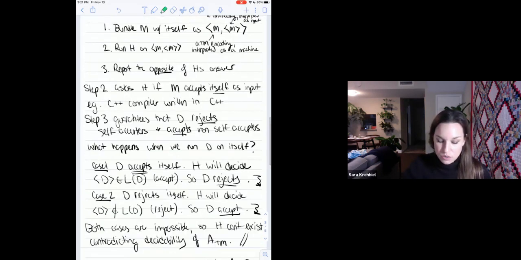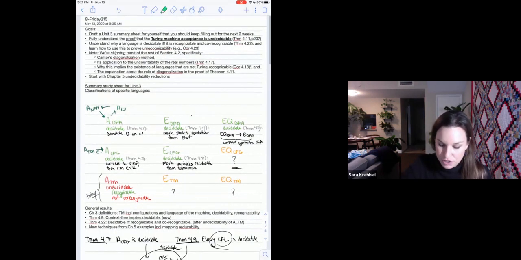So we'll summarize this and then go back to the results and make sure that we understand how we have a proof of undecidability. Our universal Turing machine shows that it is recognizable. And having a co-recognizer, along with it being recognizable, would contradict its undecidability.